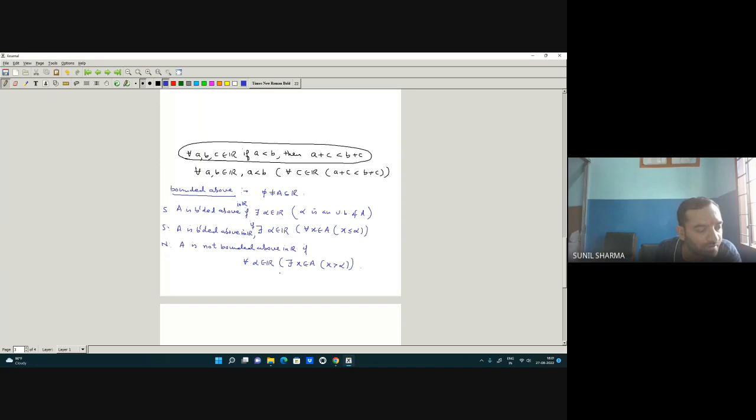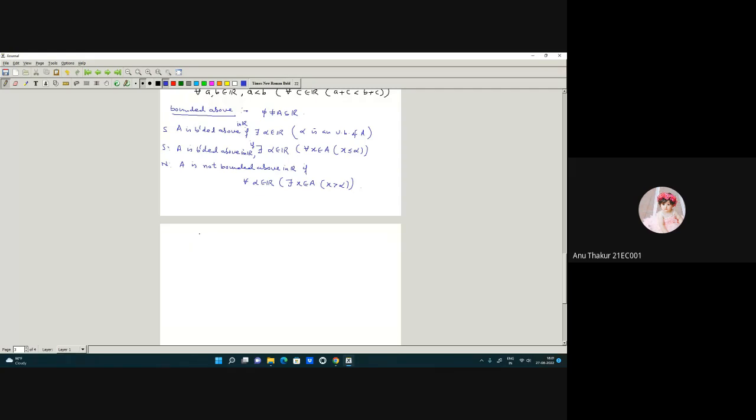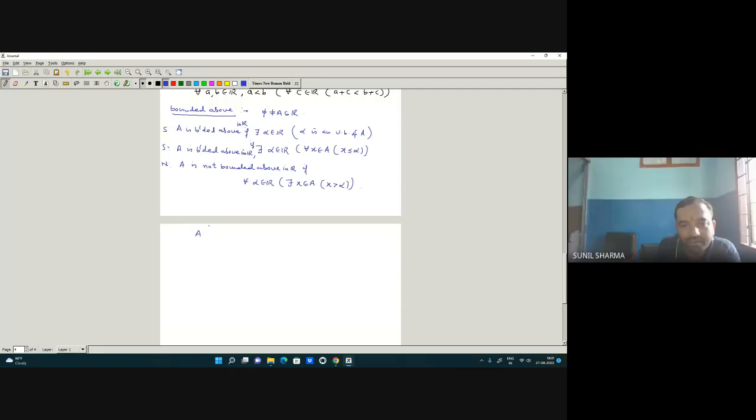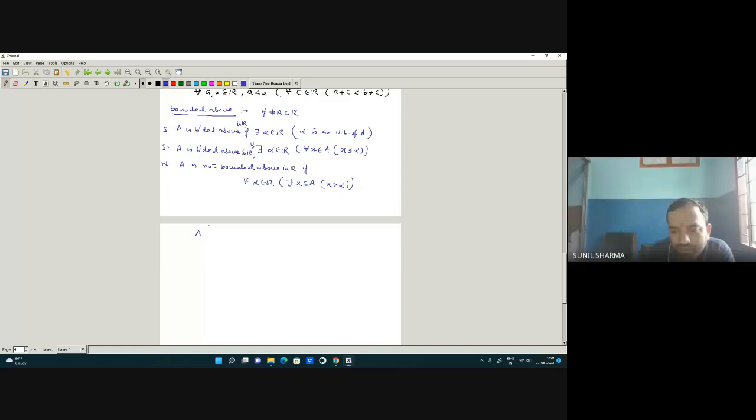Anu Thakur. Rohit. हाँ अनु. सर क्या बता रहे हैं? सर आपकी आवाज नहीं आ रही है पूरी ढंग से, कट रही है. Anu, am I audible? Yes sir.